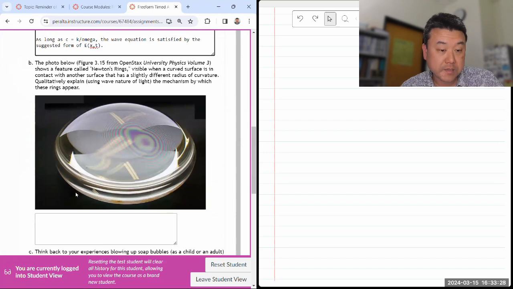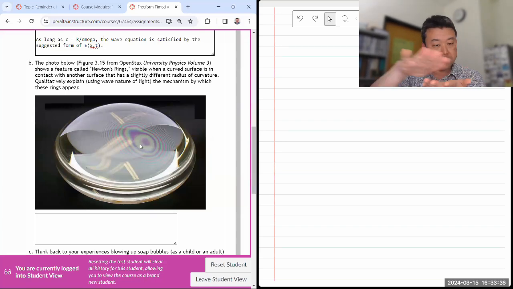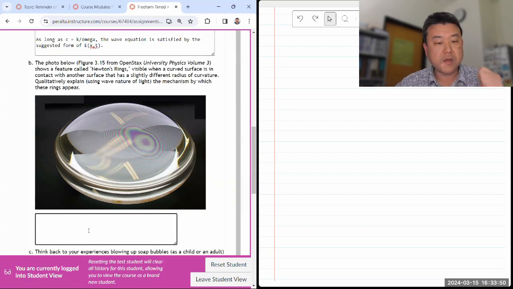By the way, for this photo, it's actually the planar side of the two lenses that's in contact. So if those plane sides were perfectly plane, then you wouldn't see any of these rings. The presence of these rings indicates that the radius of curvature is slightly different. Qualitatively explain the mechanism by which these rings appear.